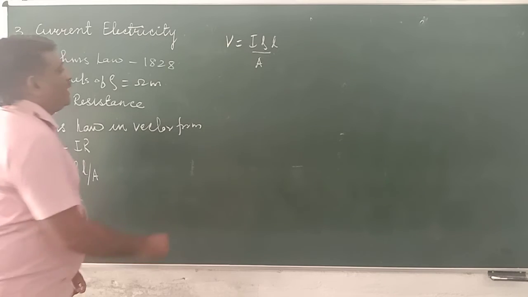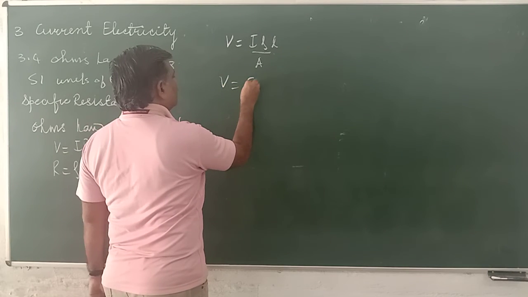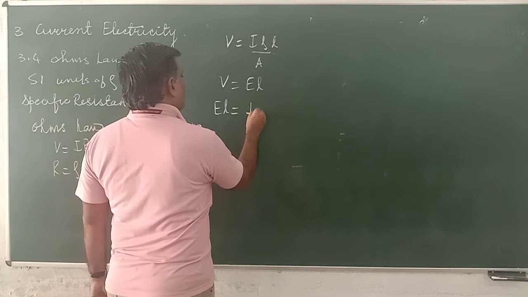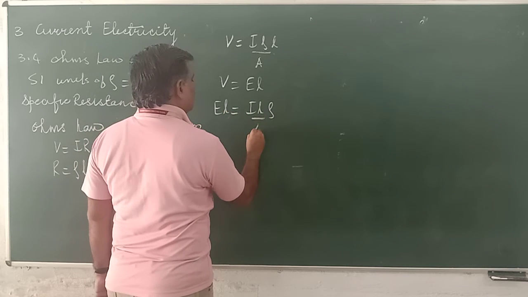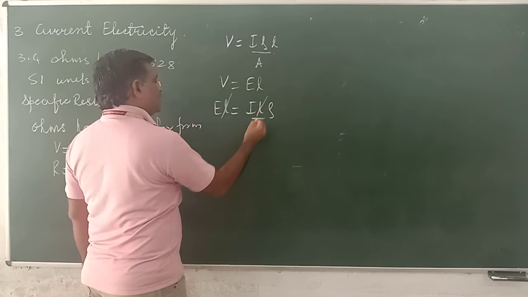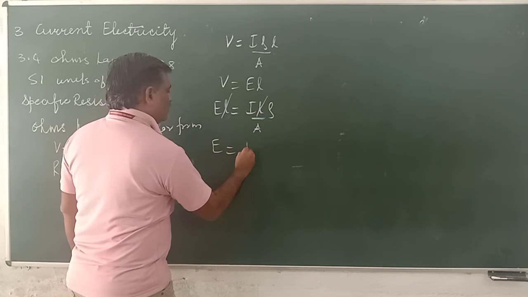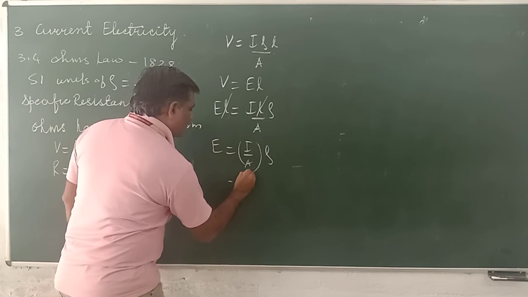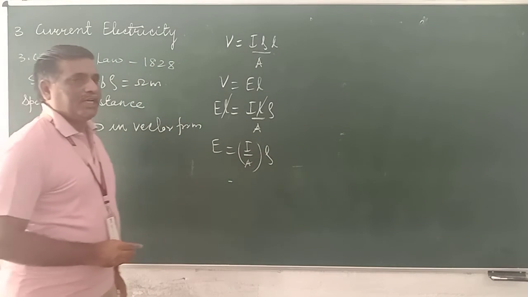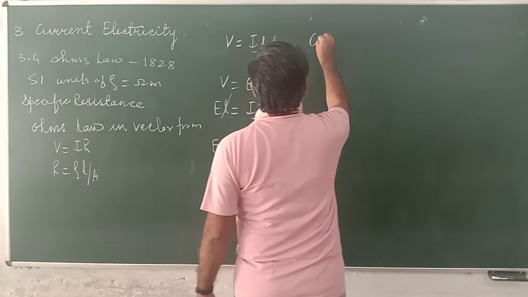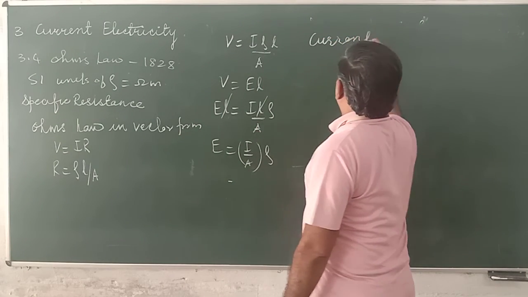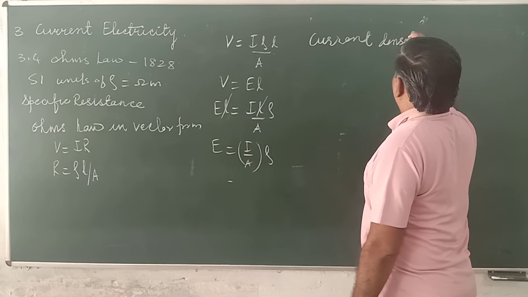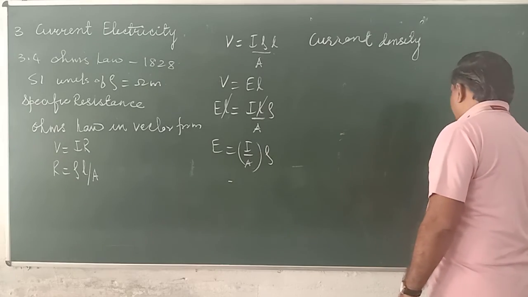But we all know V is equal to E into L. Therefore, E L is equal to I L rho by A. L gets cancelled. E is equal to I by A into rho. This I by A is called J, the current density.